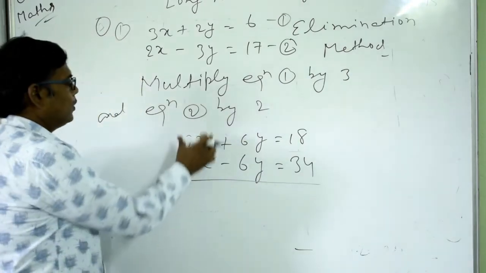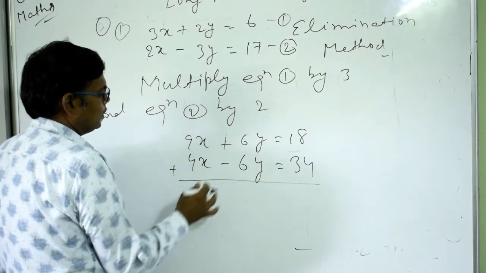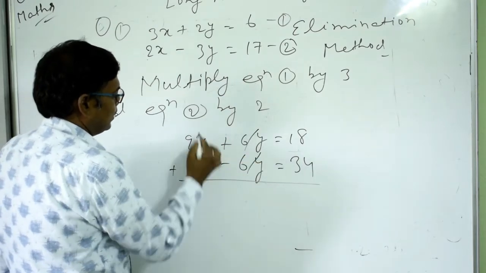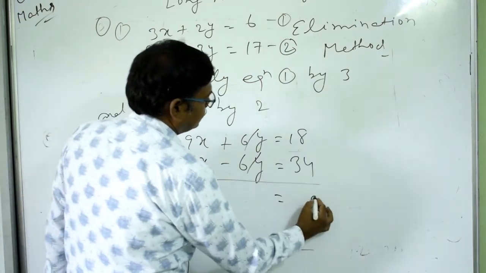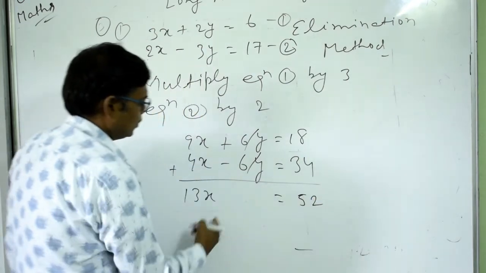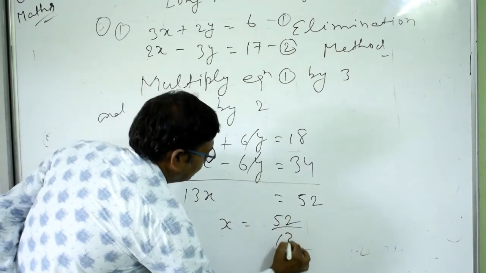Then we have only this variable. So adding these two, the y cancels out, and 9 plus 4 is 13x, and here it will be 52. So x will be equal to 52 by 13.